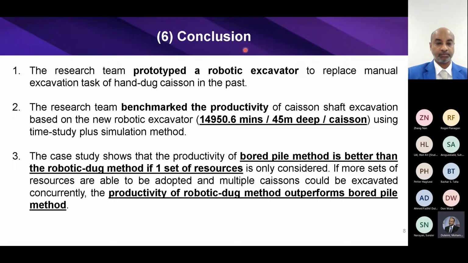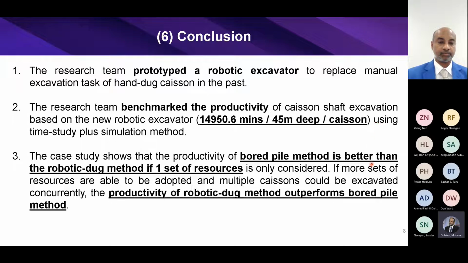Here are our conclusions. Firstly, our team has prototyped a robotic excavator to replace the manual excavation task of hand-dug caisson. We also benchmarked the productivity of caisson shaft excavation by the new robotic excavator using the time study plus simulation method.